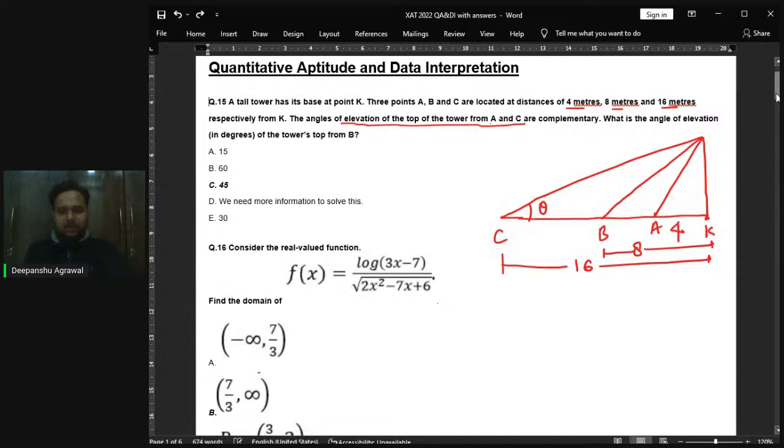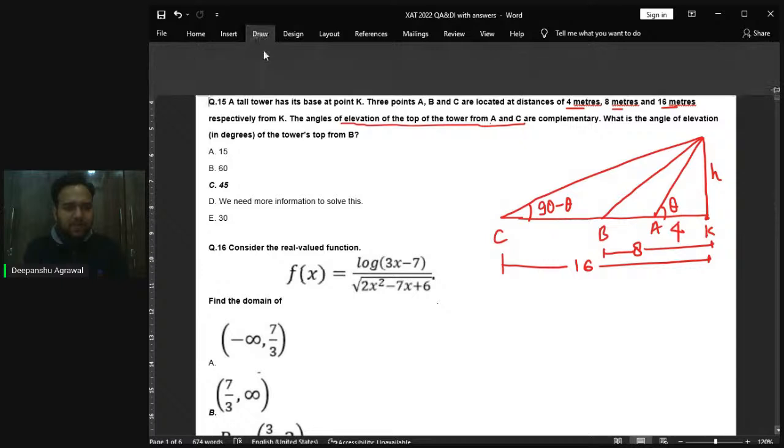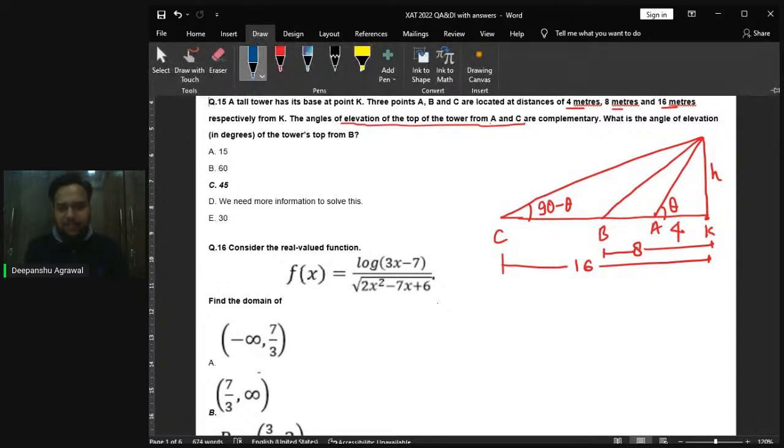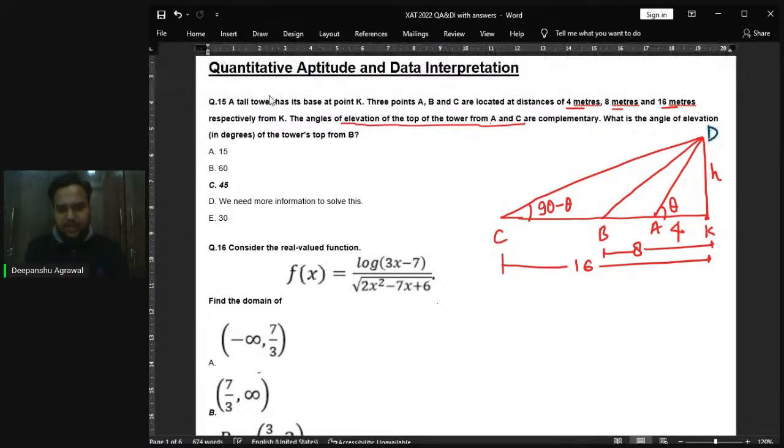Or let's take this as theta and this as 90 minus theta. Now let's take the height of the tower as h, and apply the trigonometric formula in the first triangle. Let's take this point as D.